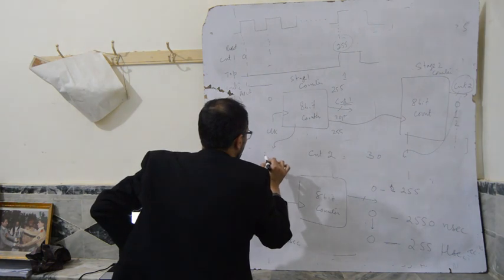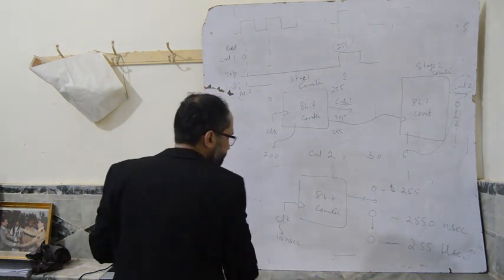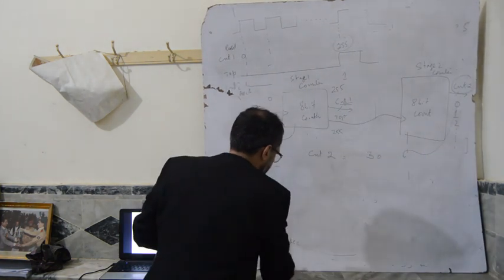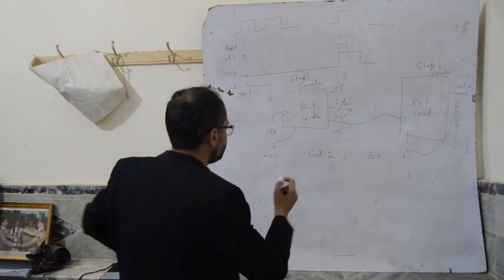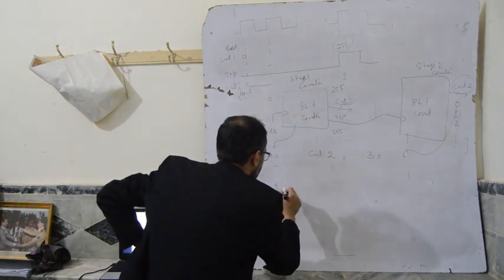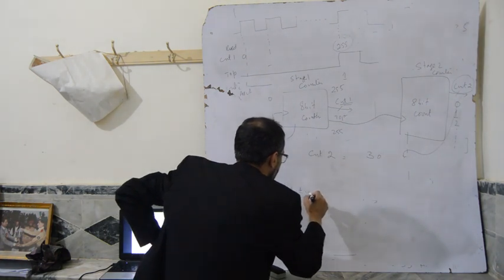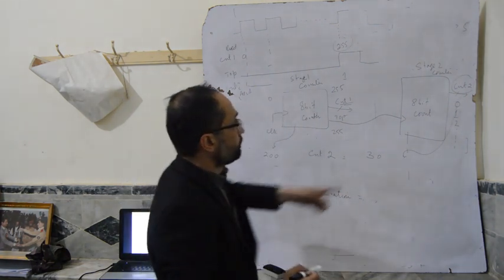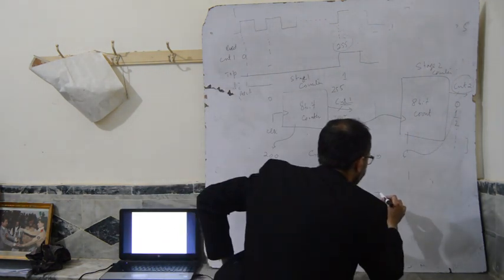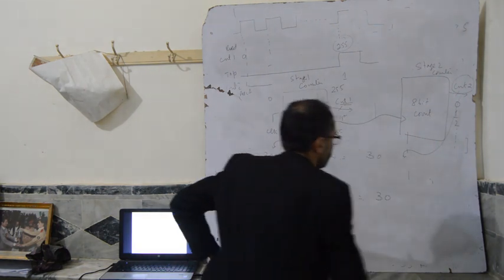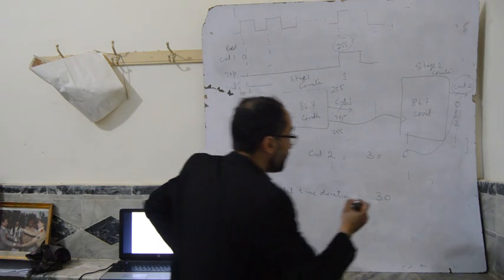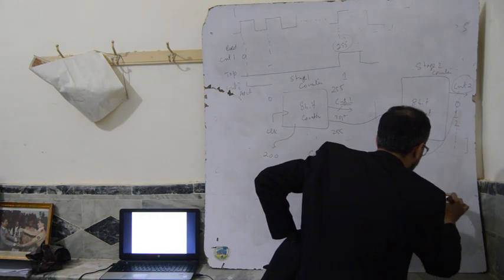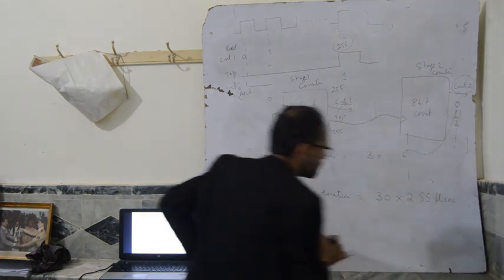is 30, and the value of count 1 is 200. So what is the total time duration? Count 2 is 30, and each of its intervals is 2.55 microsecond.